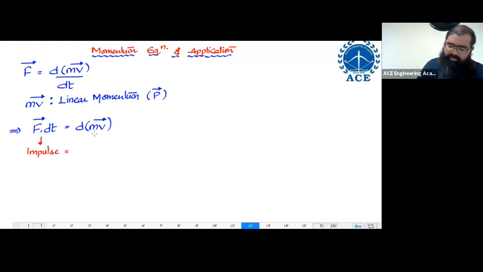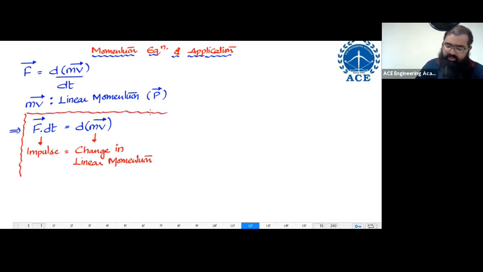The value of impulse has to be equal to change in linear momentum. Impulse has to be equal to change in linear momentum. This entire equation is known as the impulse momentum equation.